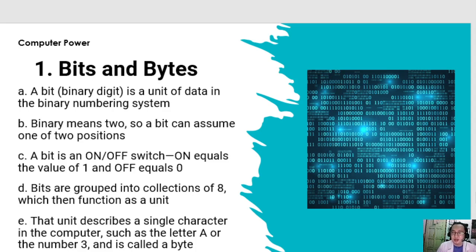And over time, of course, computers evolved. Even the computer powers have evolved. These powers of computers went stronger.